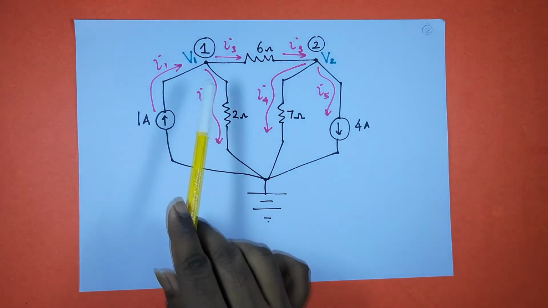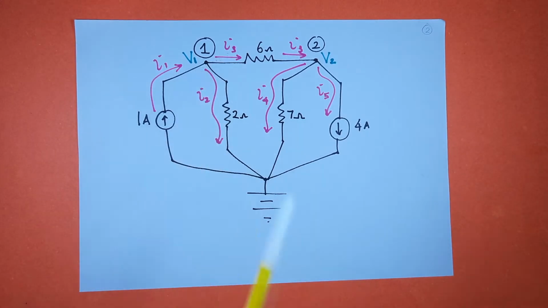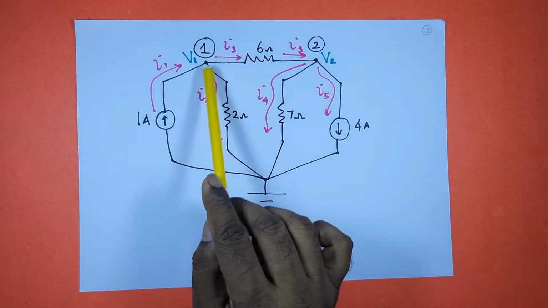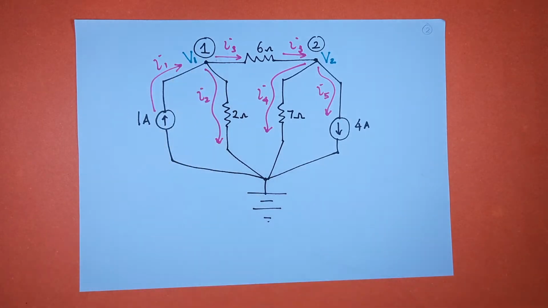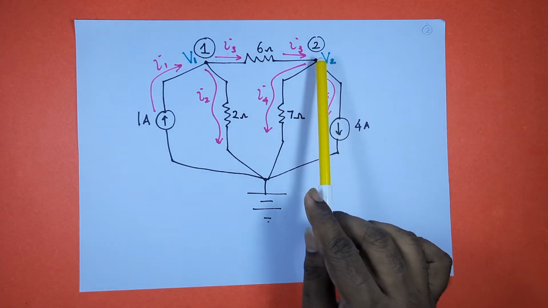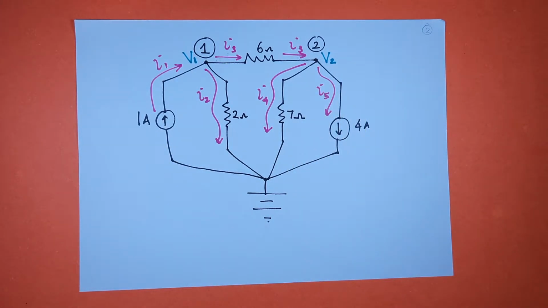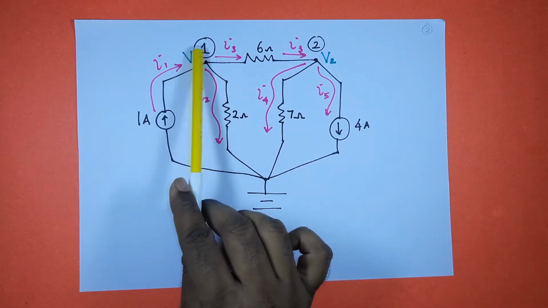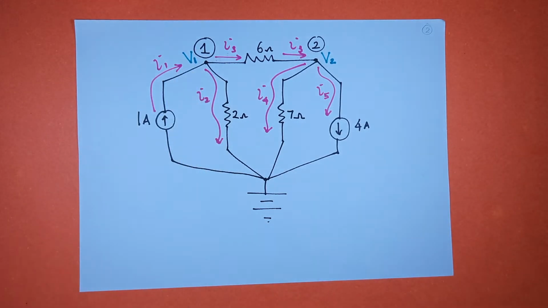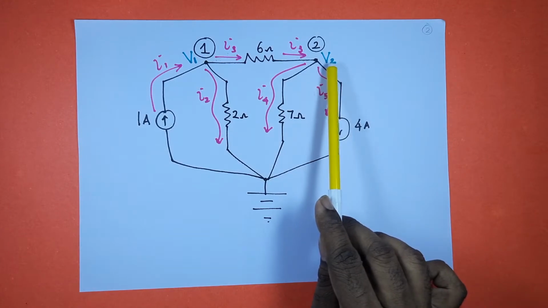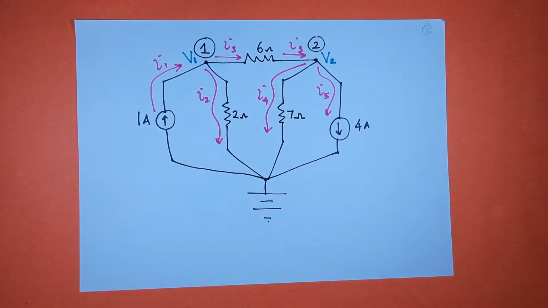Here, this is node 1, I encircled it as node 1. This is node 2. At node 1, the voltage is V1, and at node 2, the voltage is V2.